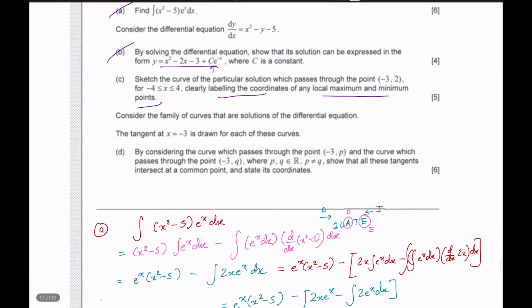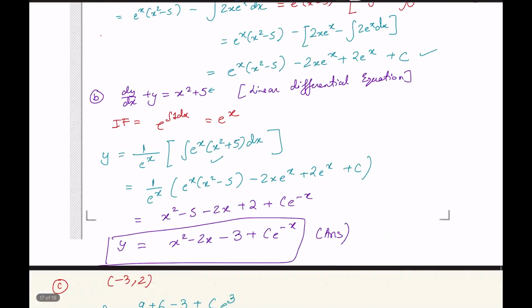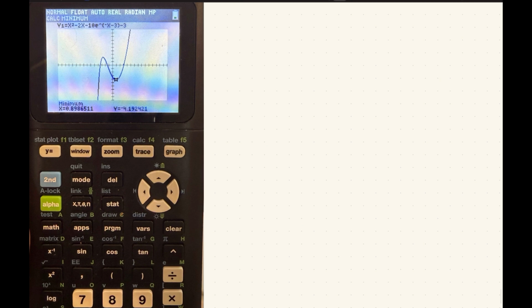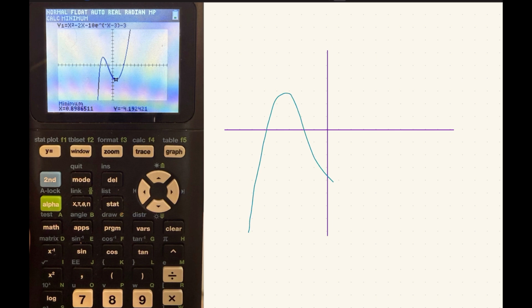Now, our question is to sketch the graph. Okay. So we'll just copy this curve. We'll rise up to a value, then go down, and then go up again. And just mention the points. So the minimum point here is 0.899 approximately, comma, minus 4.192.